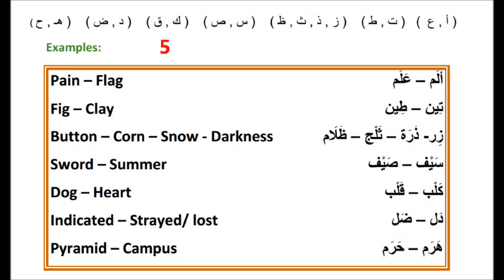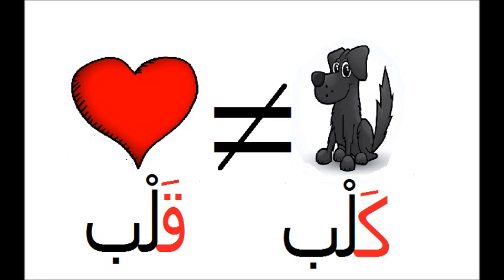It's qa, qalb. And the first one is kalb. And here also the meaning is very different. The first one with Kaf, kalb, means dog, and qalb means heart, so it would be funny mixing up these two words. The meaning will be destroyed.